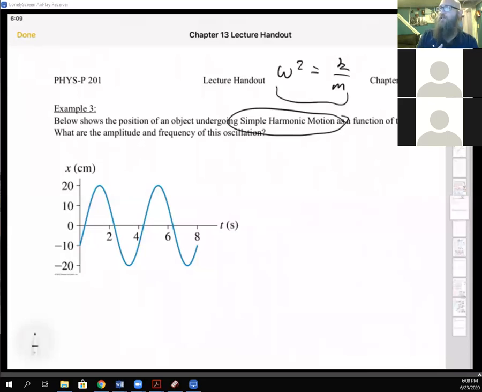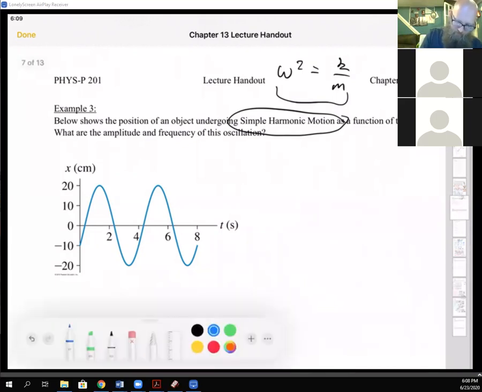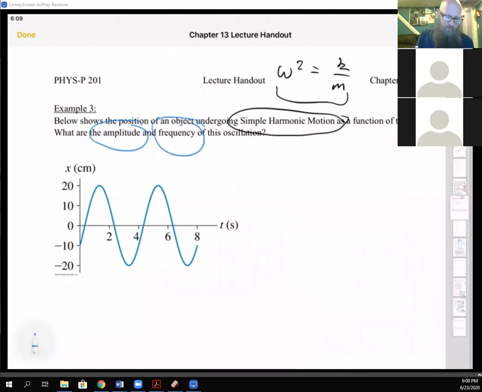So I have this, it looks like it's a sine or a cosine. It's not technically either one because it's not starting at 0 or the maximum. But what are we looking for? Amplitude and frequency. Amplitude is how far from 0 this thing goes. So let's label that in green.